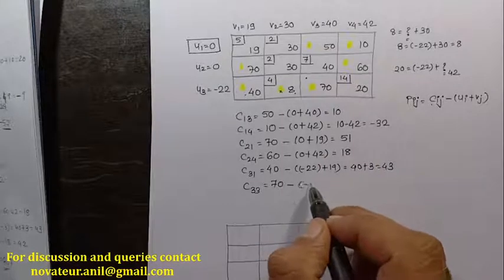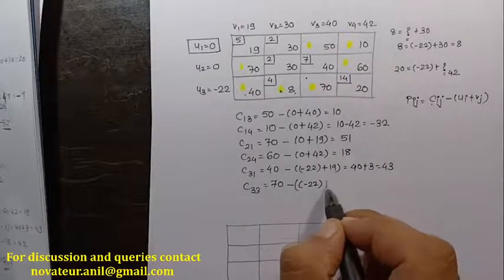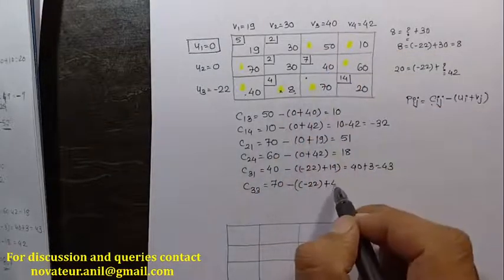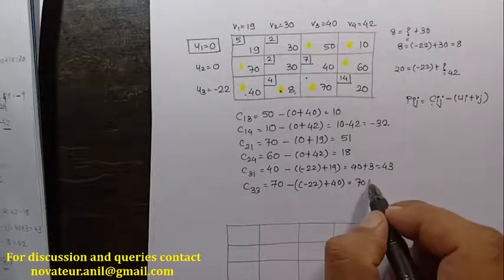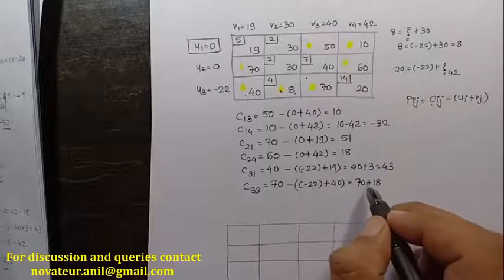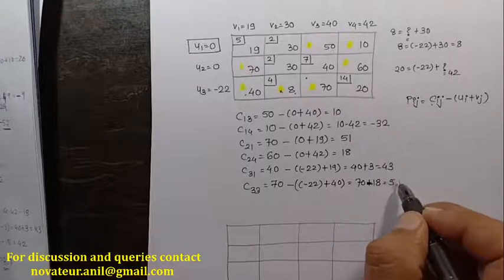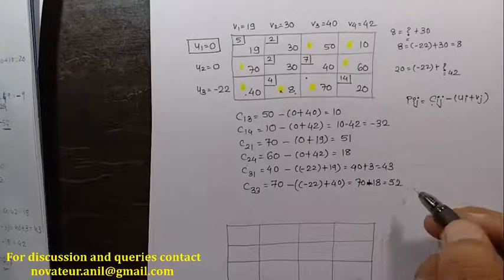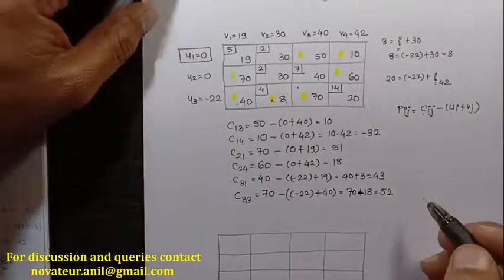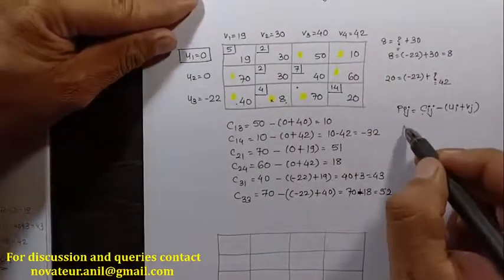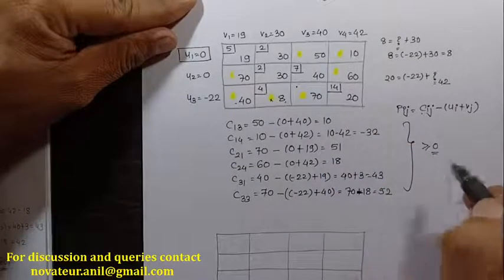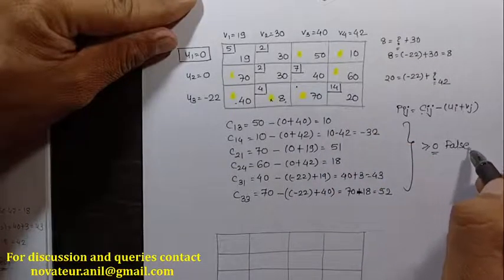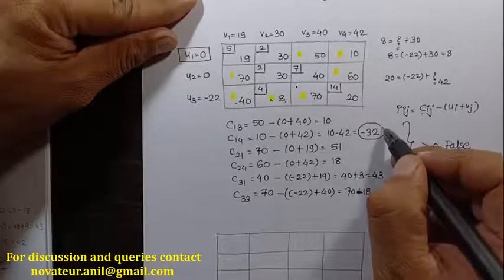It is minus 22 plus 40, so it is nothing but 70 minus 18, that is nothing but 52. Again I'll check the condition of optimality, whether all these values are greater than or equal to 0. So is it true? No, it is false here, because this value is less than 0.